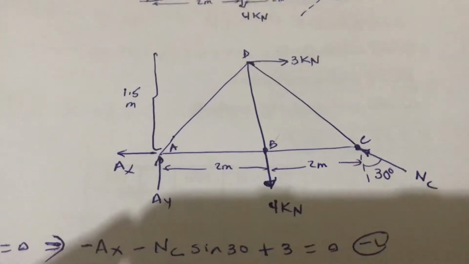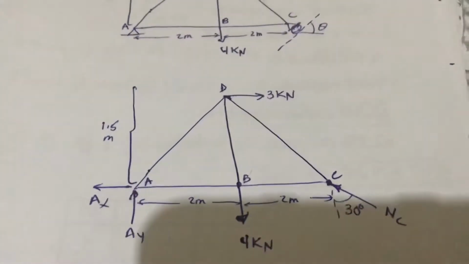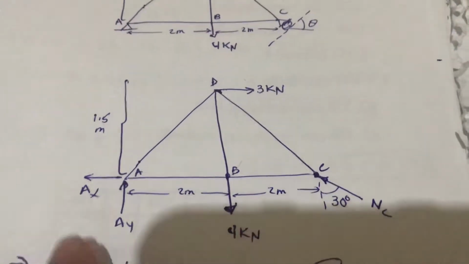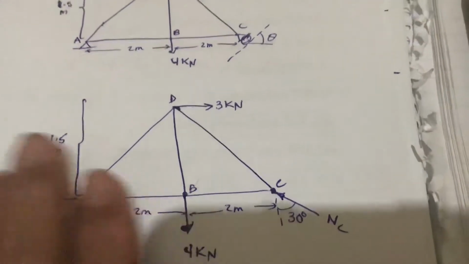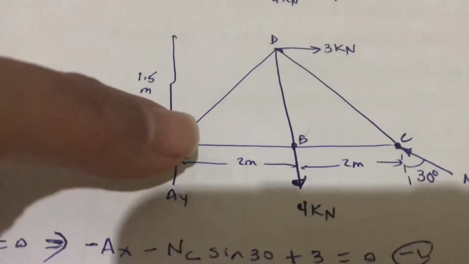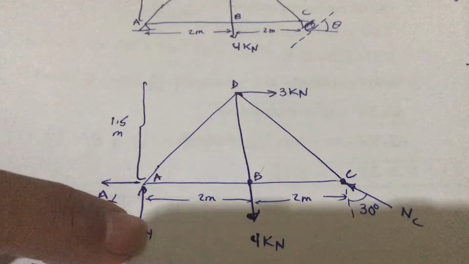Let's look at this. First of all, we have to take the whole truss. How many unknowns for the whole truss? We have 1, 2, and we have 3. Everything else is known. So for the whole truss, we should take moment at point A to cancel out AX and AY.